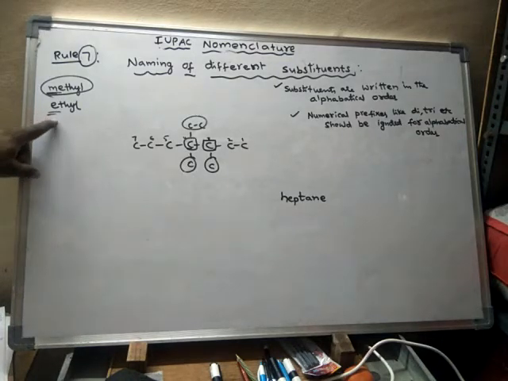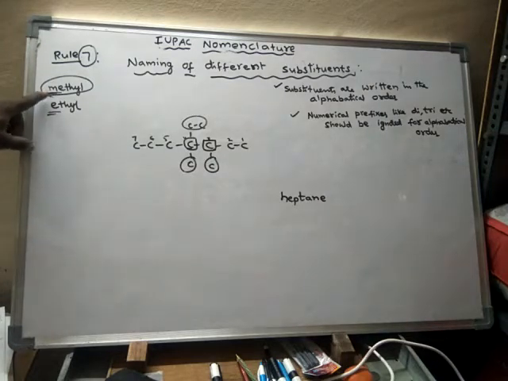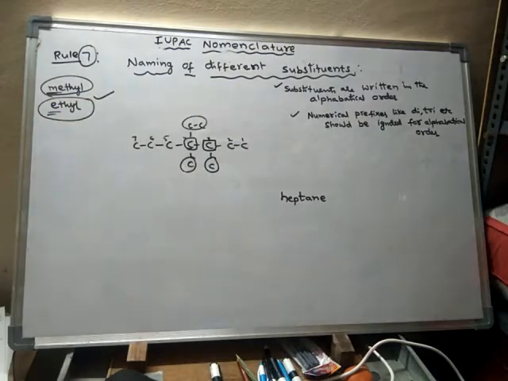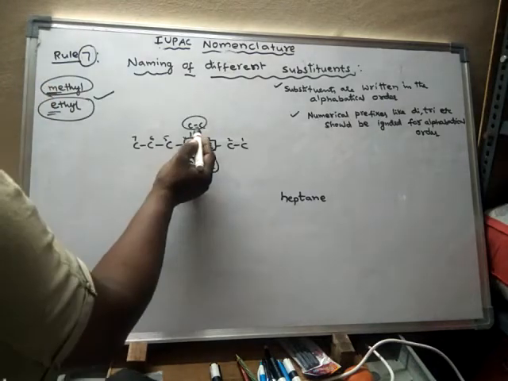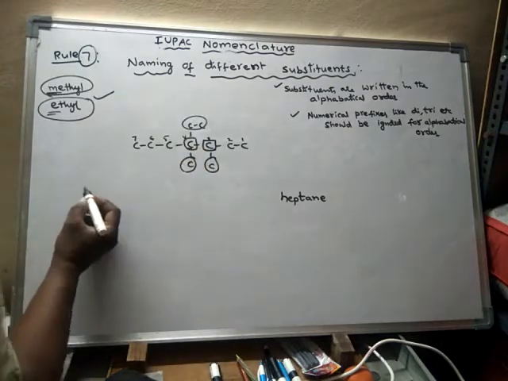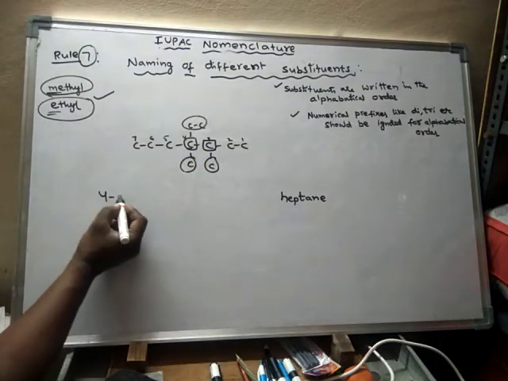So ethyl will start. Ethyl is the lower alphabet when compared to methyl M. So E comes first before M. Hence we have to write the substituent ethyl before writing the methyl. That means ethyl group. So on which carbon? On the fourth carbon, ethyl group is present. So that means 4 ethyl.